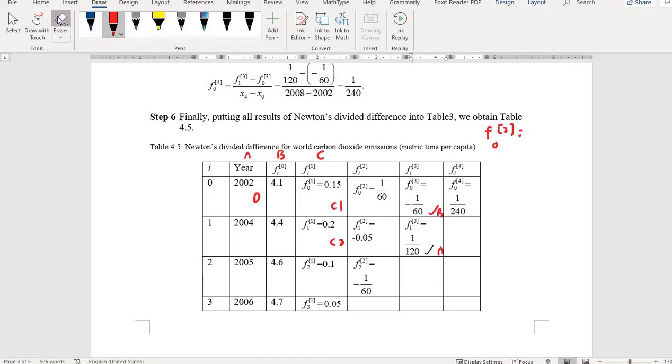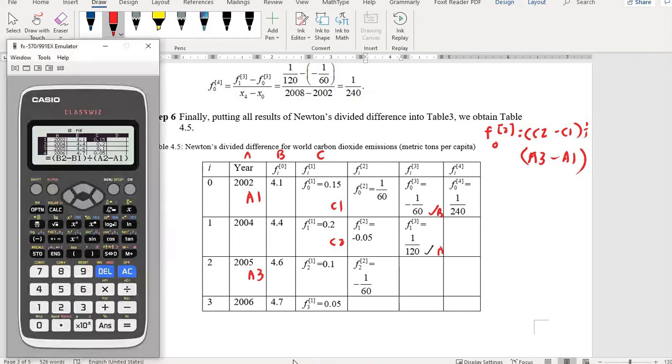So it will be C2 minus C1 divided by, 0 plus 2 x2, which is at A, A3 minus A1. So key in A3 minus A1 into your spreadsheet.